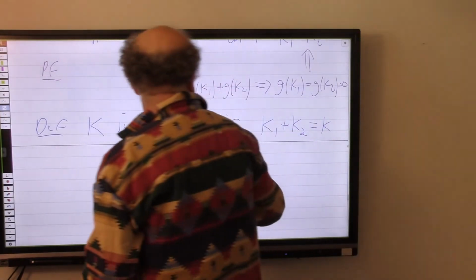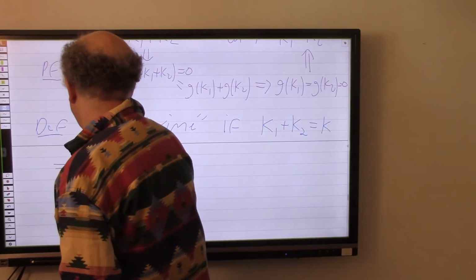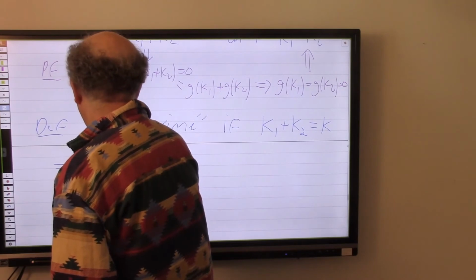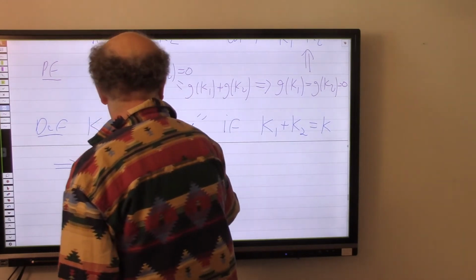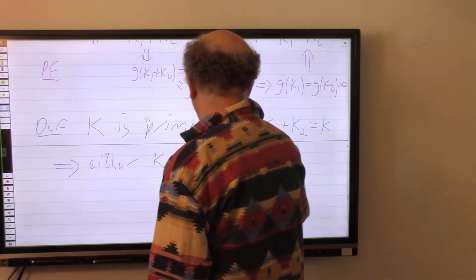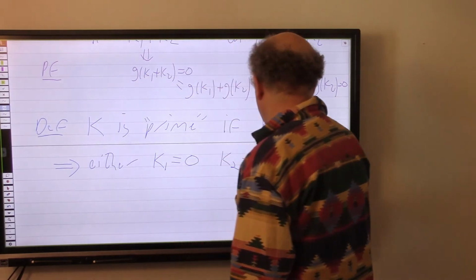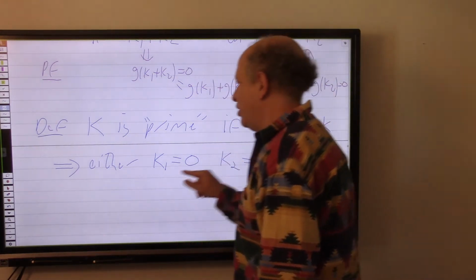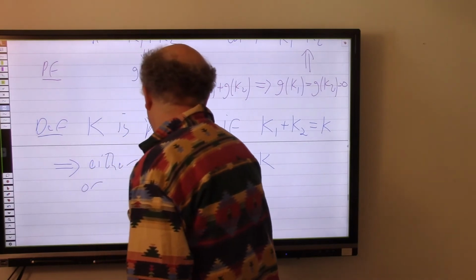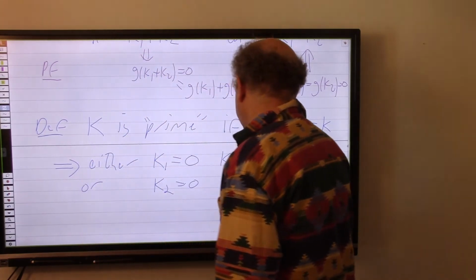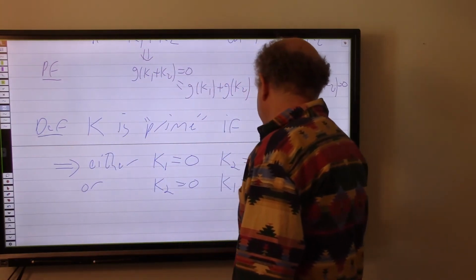So this implies either K1 is equal to the unknot, and in that case, of course, K2 will have to be K itself, or K2 is the unknot and K1 is K.